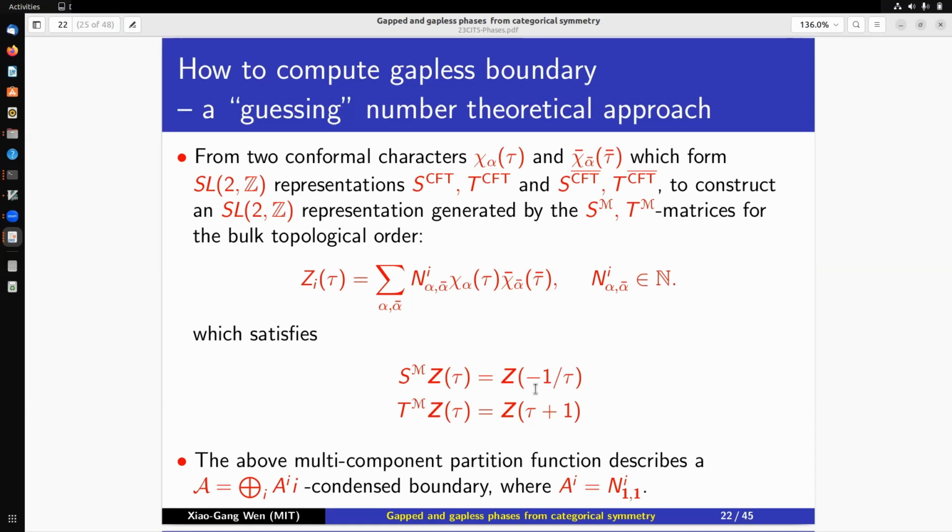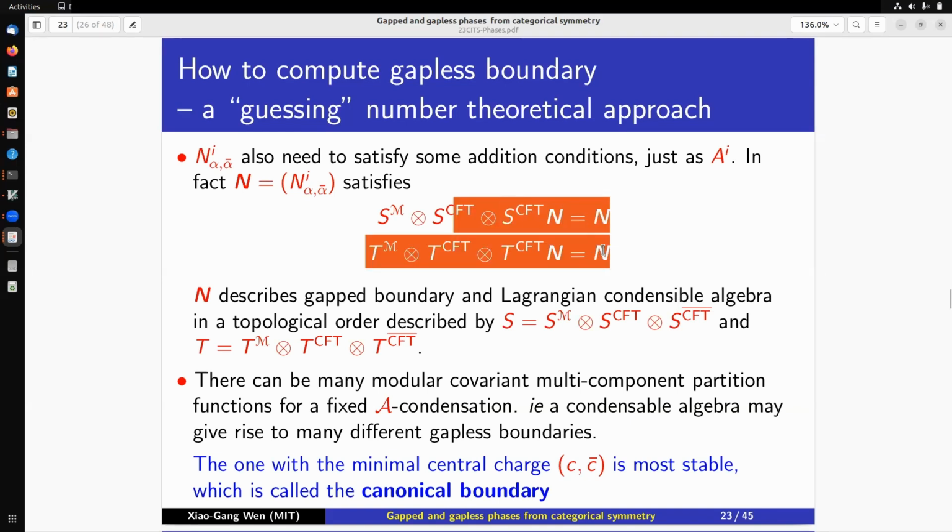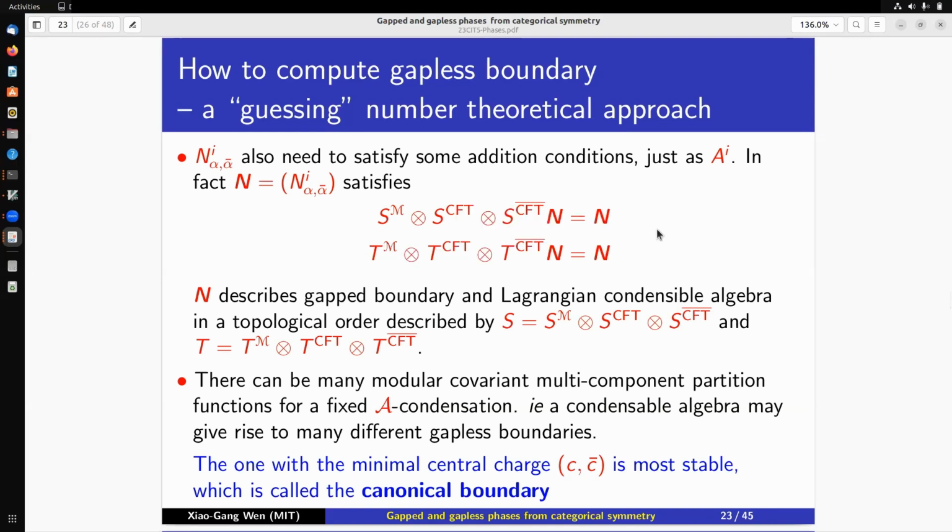And usually we think the one with the minimal central charge, with the minimal gapless excitation, is the most stable. So we want to get this most stable one. This looks not so good, because we want to use this condition to determine the gapless state, and you end up not determining it.